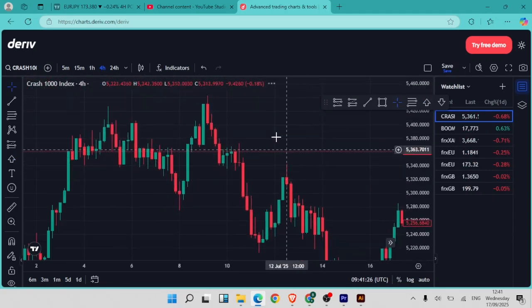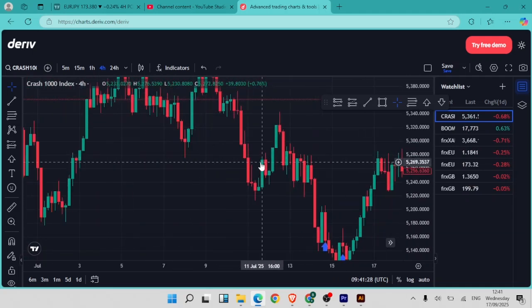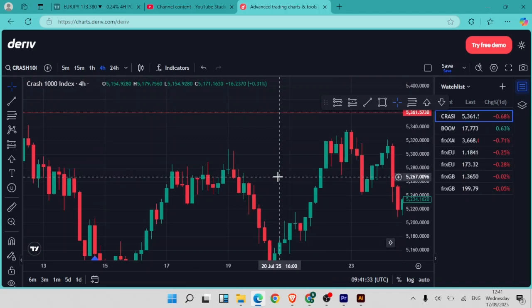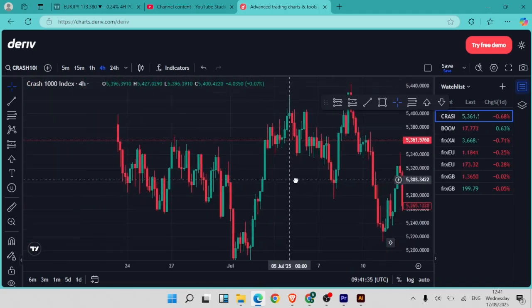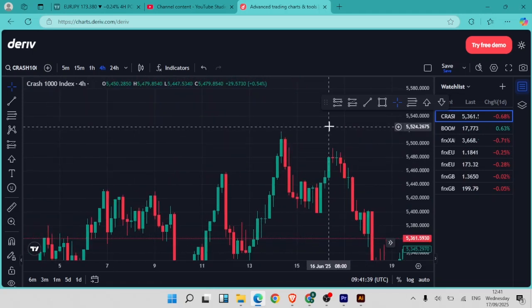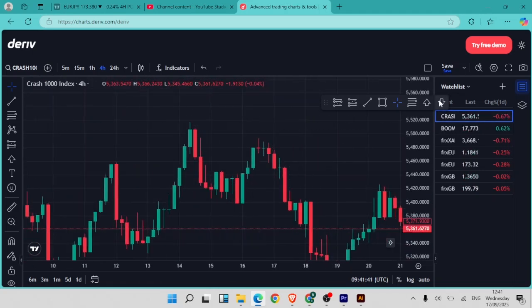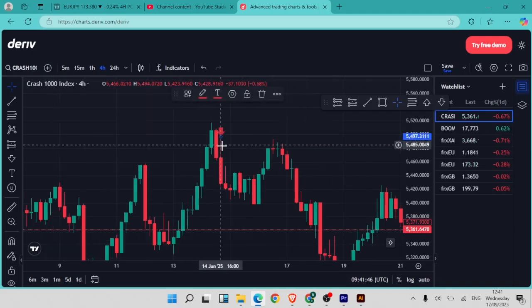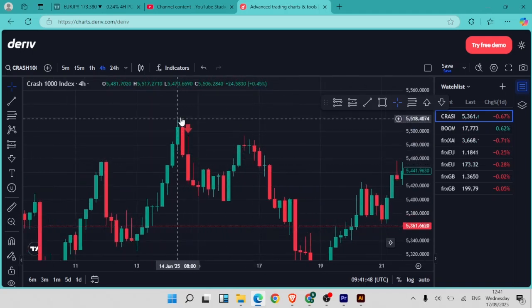Once in a while you'll hit stop losses, because there's no holy grail strategy that will give you profits over and over again. At least once or twice you'll hit stop losses. What will matter is how you are managing your funds, your risk management, so that even when you hit stop losses, at the end of the day your overall profit and loss, or P&L, is positive.